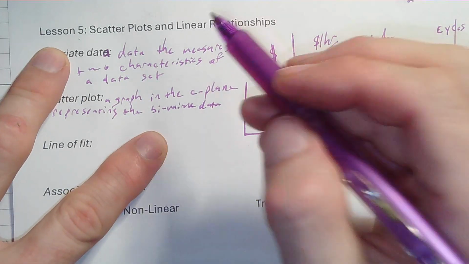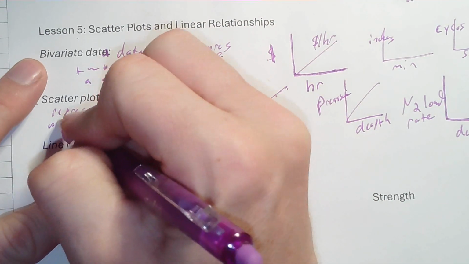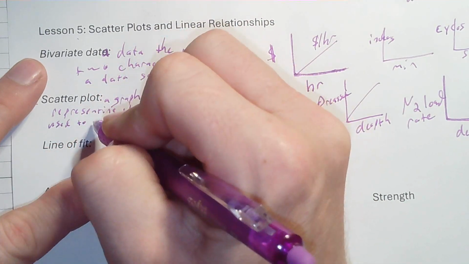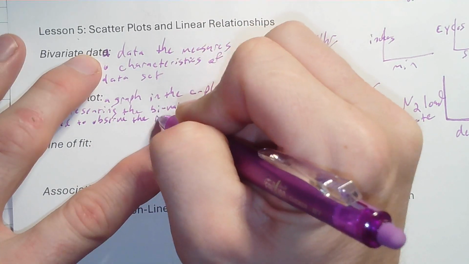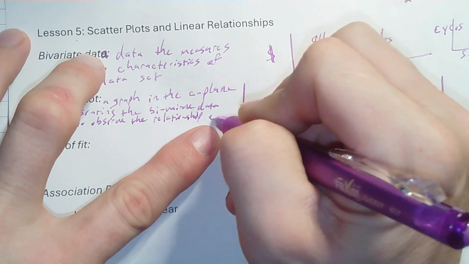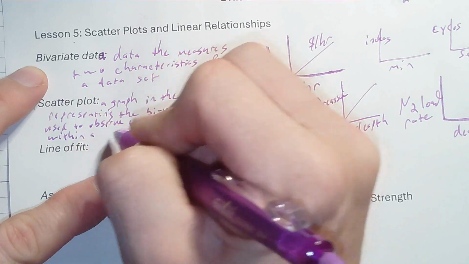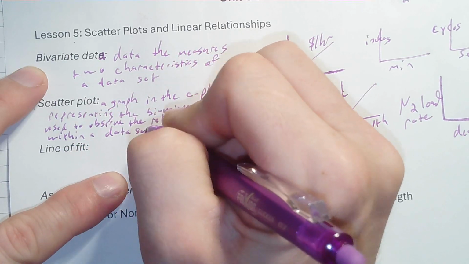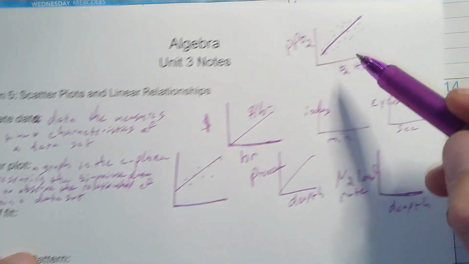That's data used to observe the relationship of a data set within a data set.